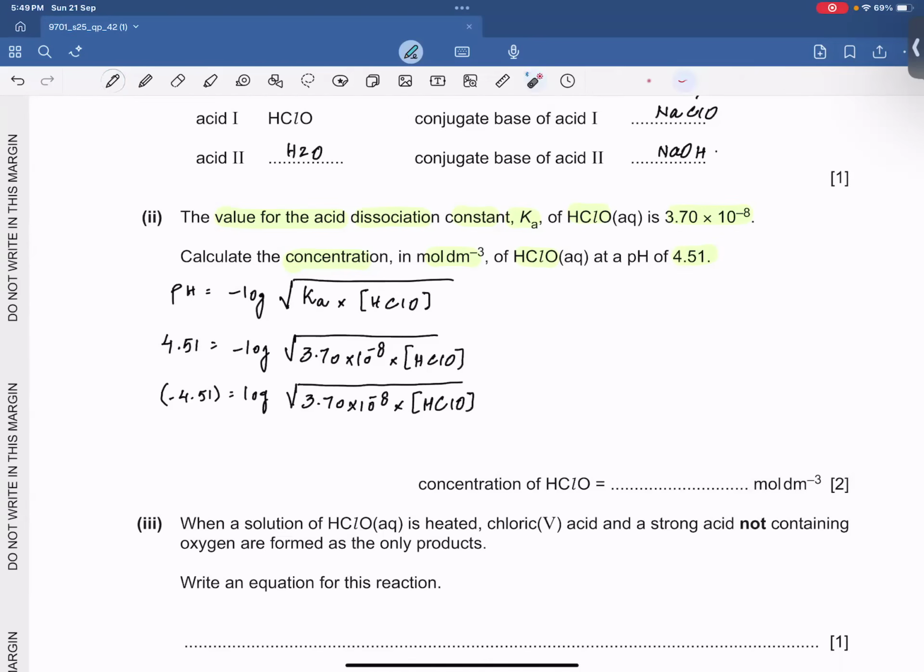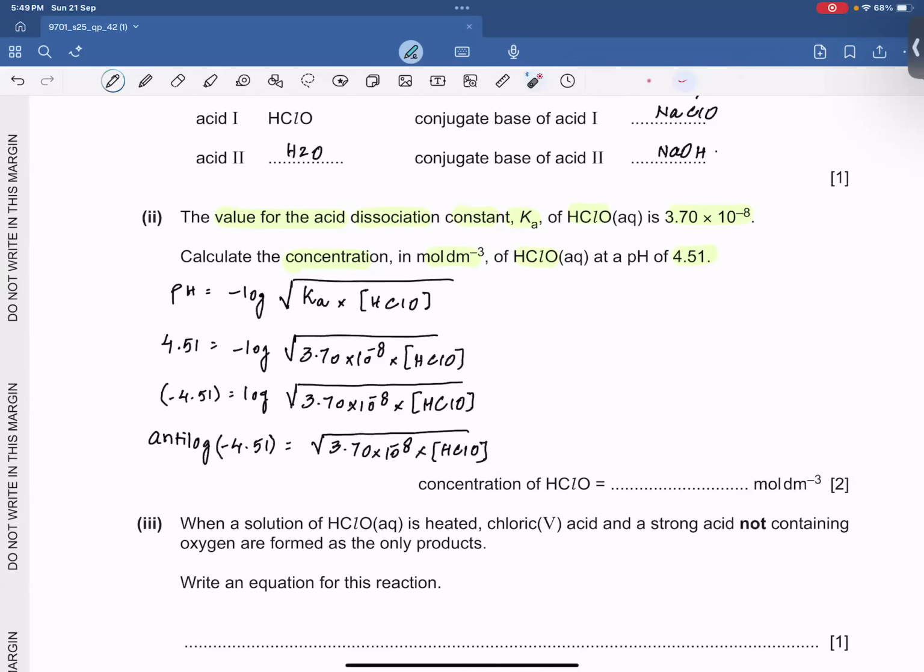Now I'll switch log from here to there. Obviously, it's going to be then antilog. Antilog is basically the shift log, also called log inverse. Equals under root 3.70 into 10 to the power minus 8 into concentration of HClO.